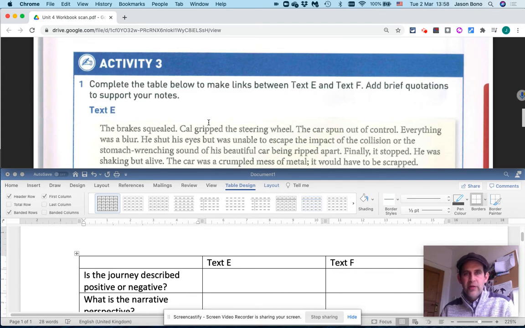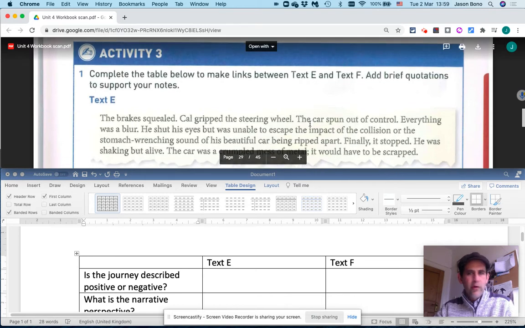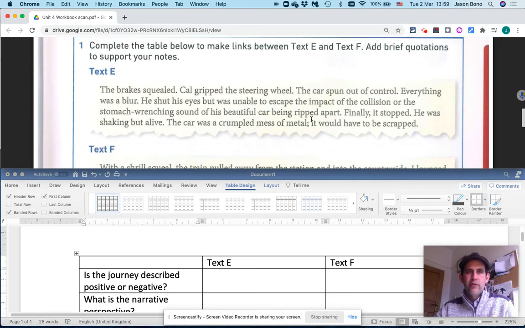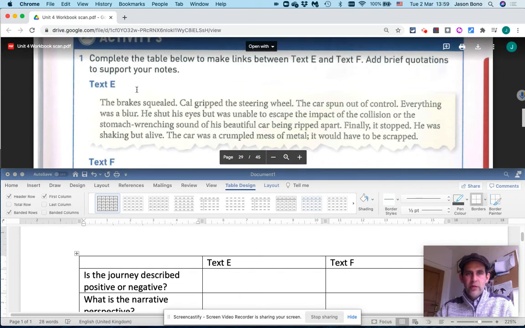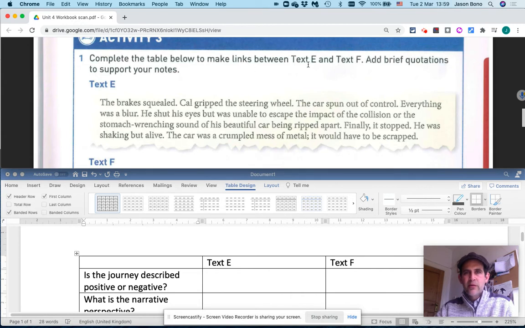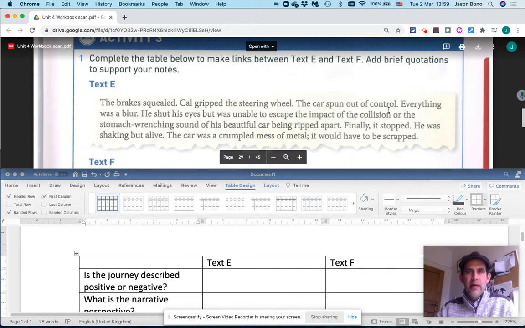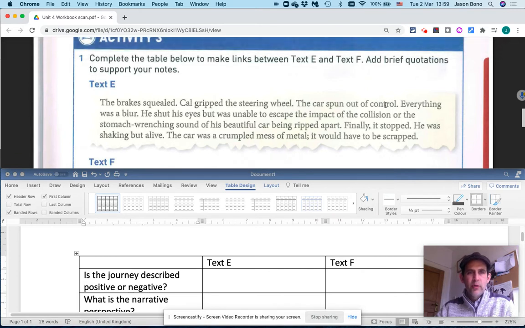You're going to get a brief piece of two different texts, and you're going to compare the way they're written and the effects that they create, using all the tools that you've been using so far. Let's first read the instructions and then read the text. Complete the table below to make links or connections between text E and text F. Add brief quotations to support your notes.